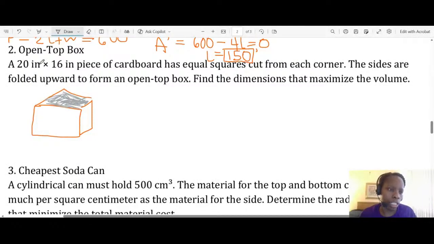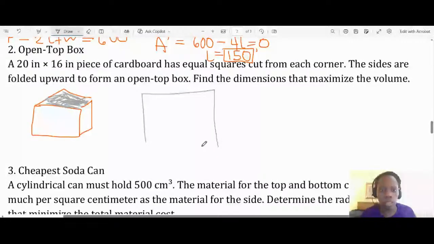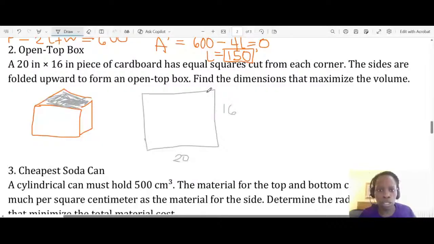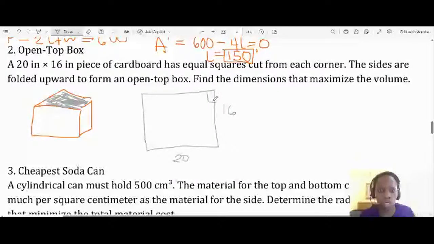Anyway, a 20-inch by 16-inch piece of cardboard has equal squares cut out. Cardboard. Piece of cardboard. And it's 20. And so there's squares cut out that make this open top box.